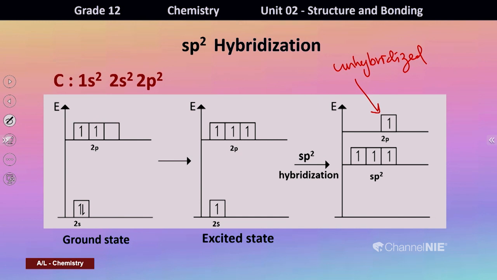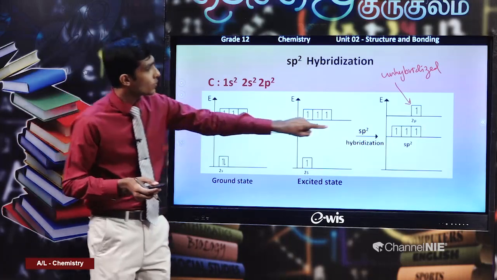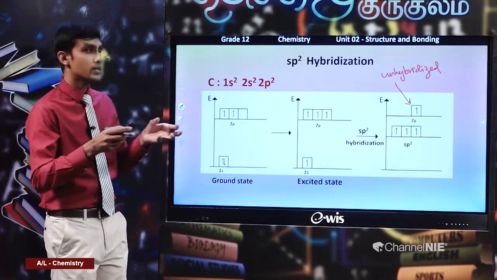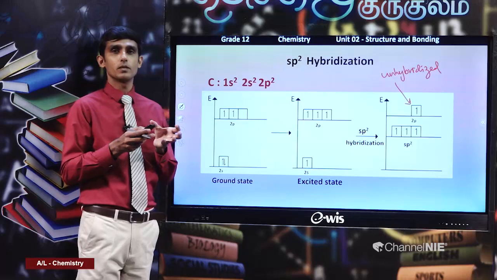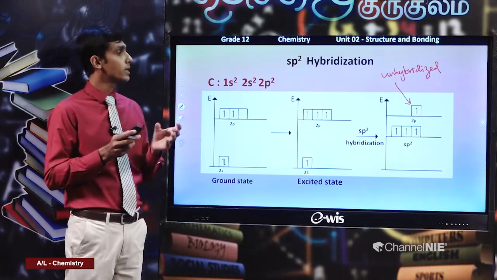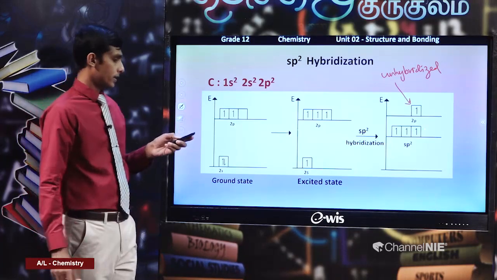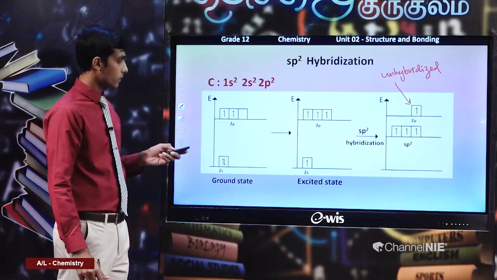Now, when you consider how these atomic orbitals are arranged, the sp2 orbitals will arrange in the atom so that repulsions are minimum. The minimum repulsive state for the sp2 orbitals is the trigonal planar arrangement. I can show you from this kind of diagram.